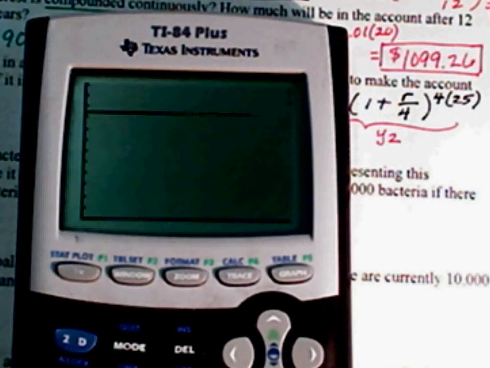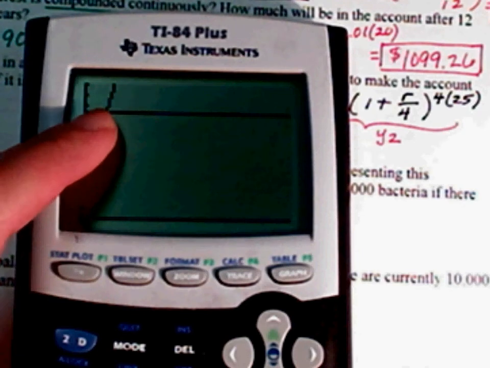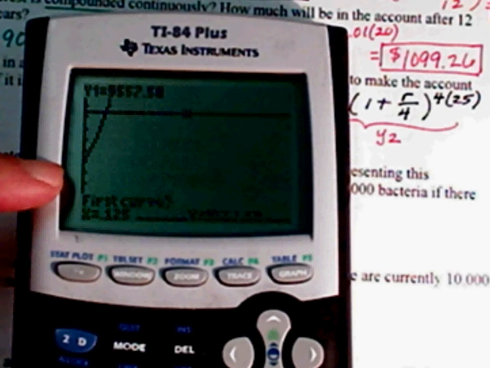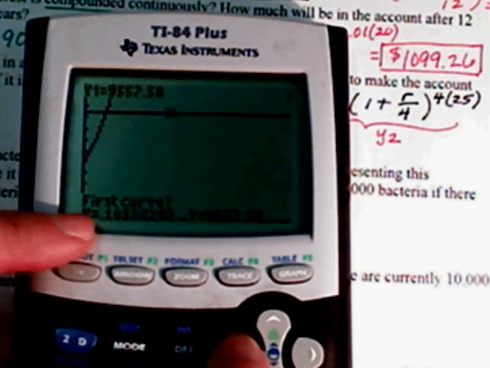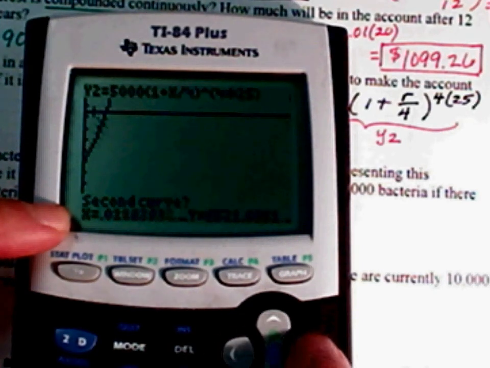Do you see the intersection better now? That intersection tells you at that amount how much it's going to be. So hit second calc, go to number 5. It says first curve right here, so you want to be to the left of the point you're trying to find. Enter, and then you want to be to the right of the point you're trying to find.